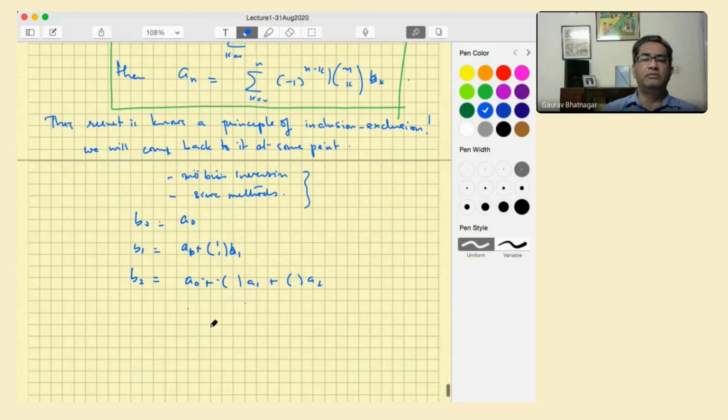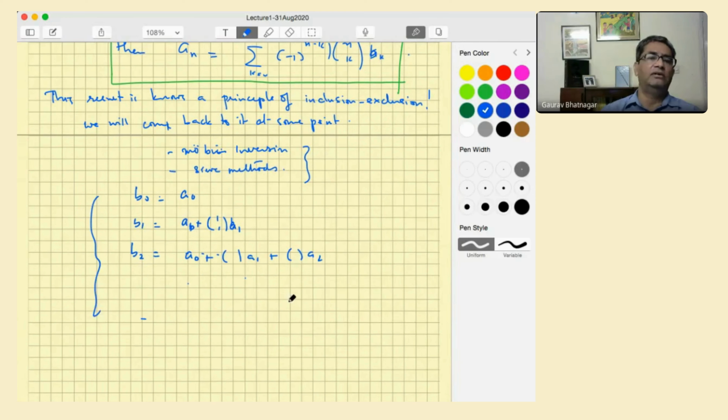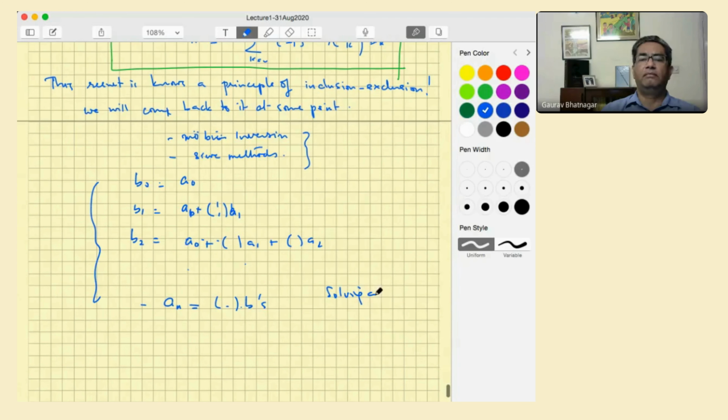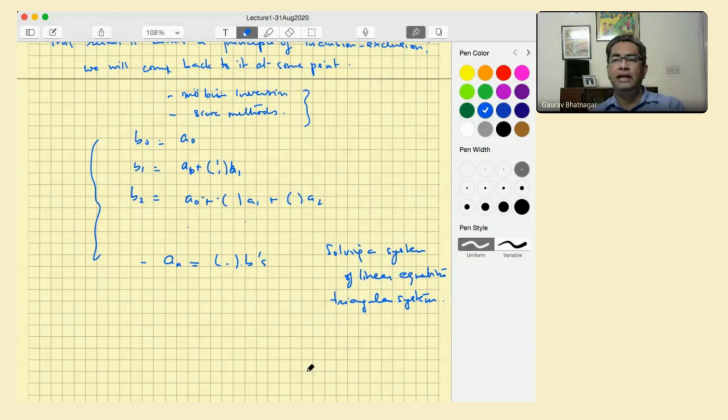So it's a triangular system of equations that you're solving. That's all. And you're writing the a_n's in terms of the b's. That's all you're doing. So we are solving a system of linear equations, and the simplest kind, which is a triangular system. It's so trivial that you hardly bother about it in linear algebra. This is the simplest case. But it's of tremendous importance. Okay, that's it. Any questions?